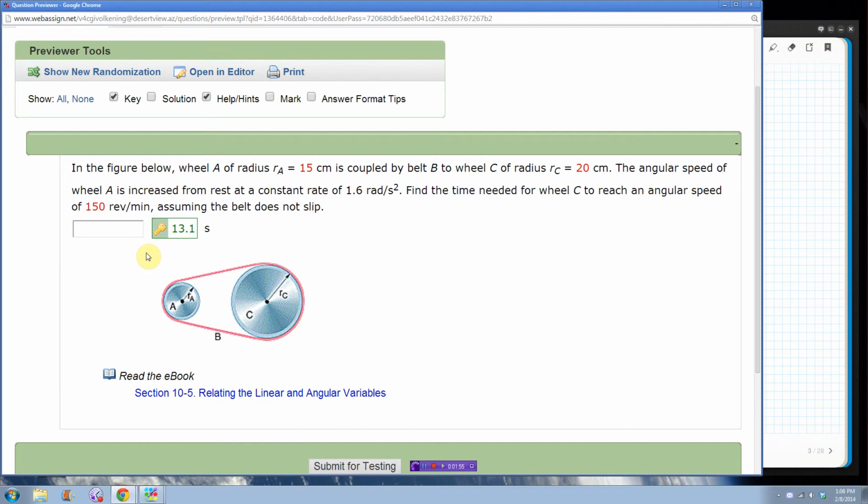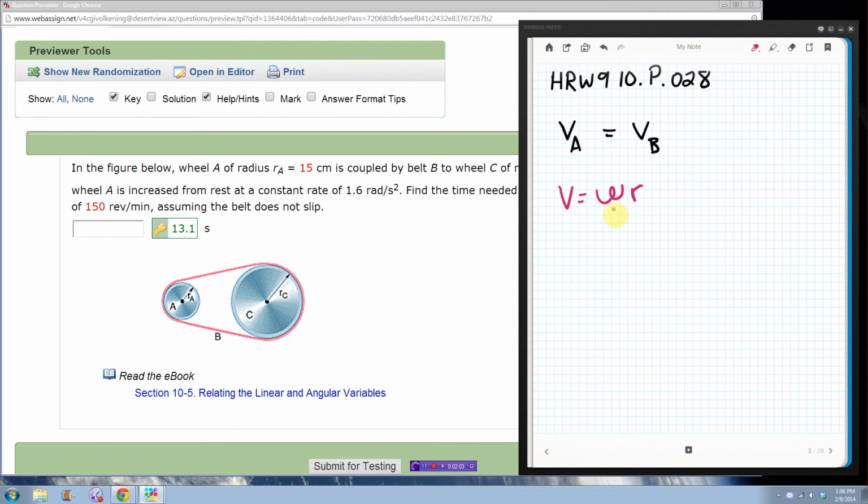Because eventually we're going to come back and we're going to need 1.6 radians per second squared anyway, I need omega in standard units. So let's do that first. Omega of C is 150 revolutions per minute.